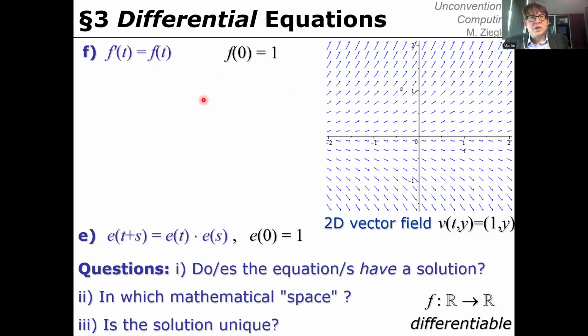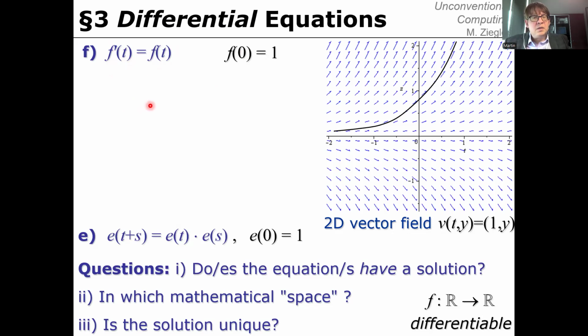The solution to this equation is basically, intuitively, following these arrows. Here the arrows go more in this direction, but here the arrows point more and more in the y direction. Following these arrows gives the solution to this so-called differential equation, because it has a derivative on the left.